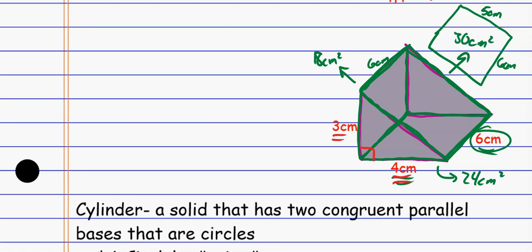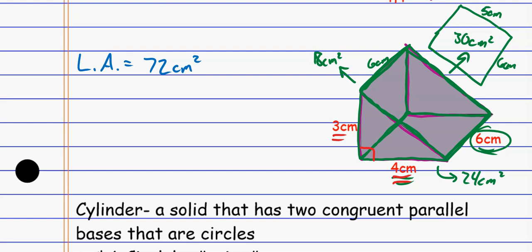Again, I have to find those pieces individually. Now the lateral area is what I get when I add all those lateral pieces together. So I have a 24, an 18, and a 30, and that's going to give me 72 square centimeters.